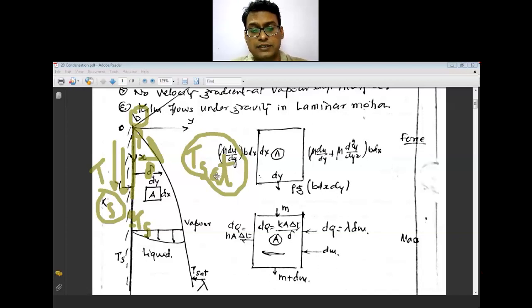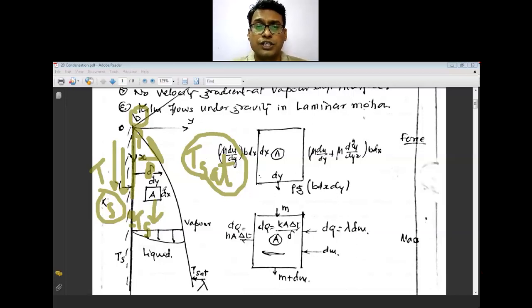So the liquid mass is influenced by the viscous shear and the gravitational force. Because of gravity, this liquid film is moving down.